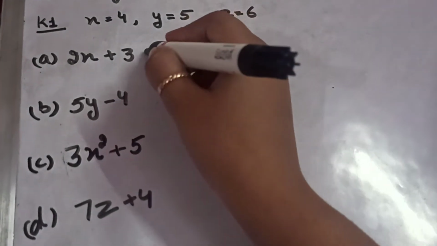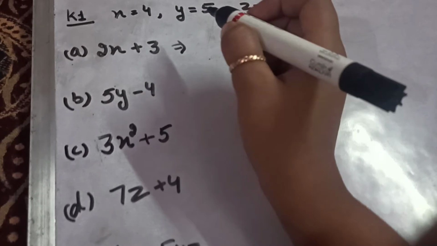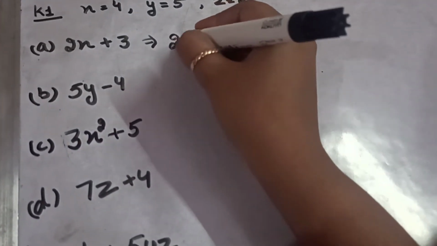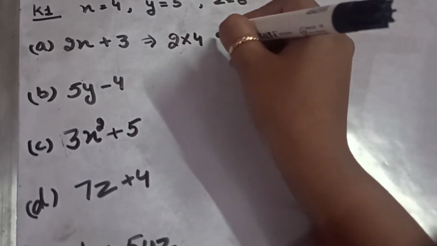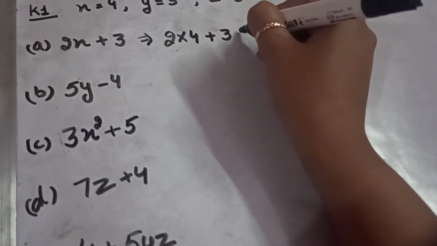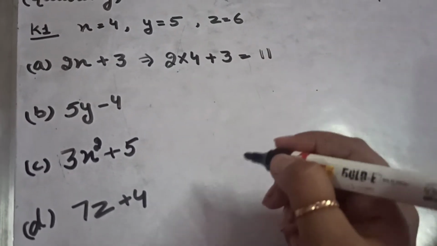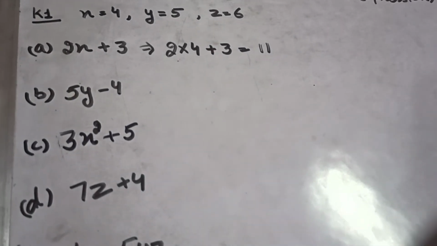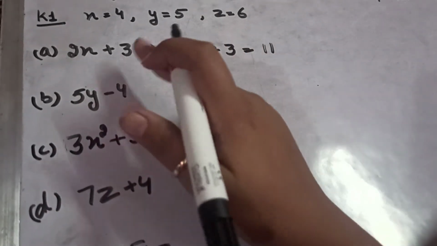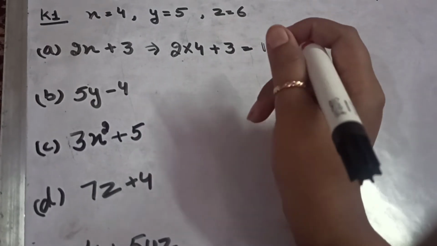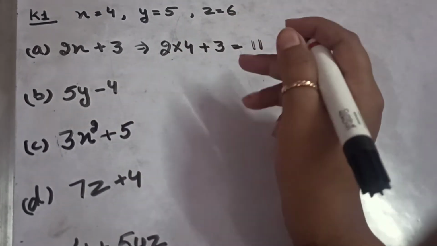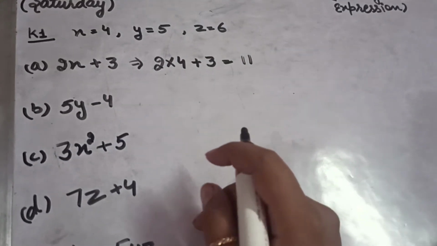So what we do, I will put the value of x here, that is multiply with 4 plus 3. 2 4s are 8, 8 plus 3, 11. Right? Now, the value of y you will put here, 5. 5 5s are 25, 25 minus 4, 21.